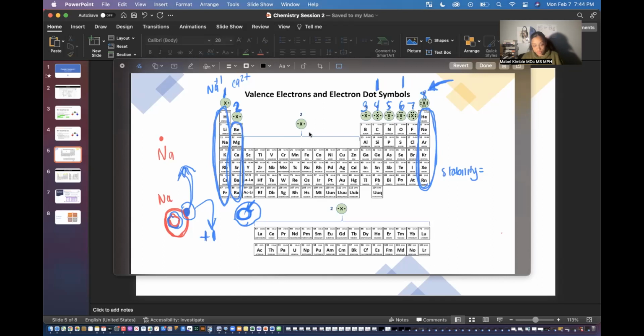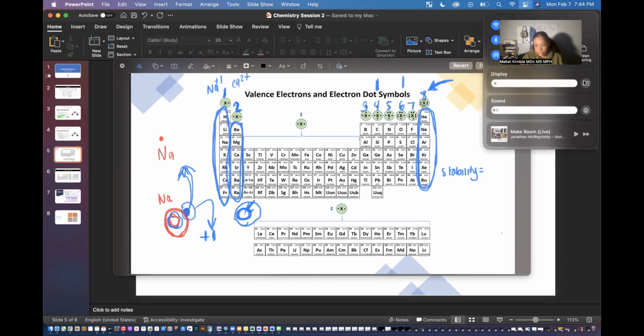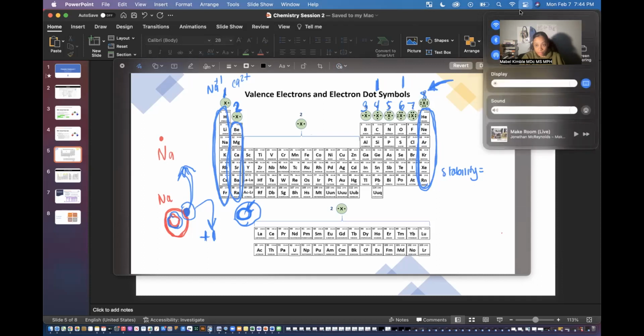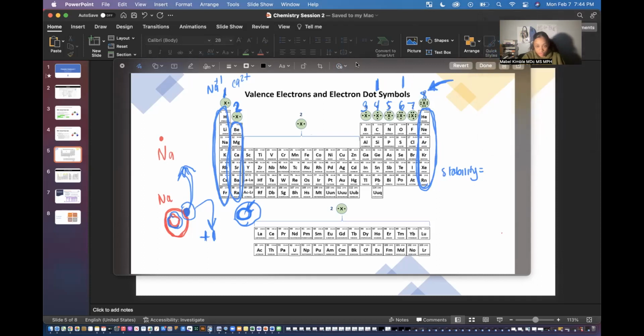It means that there's 8 electrons, right? Yes, there's 8 electrons. That's correct. Okay, good. I just wanted to make sure I bring that home for you, because that's a really important concept.